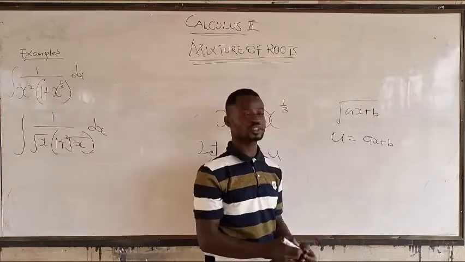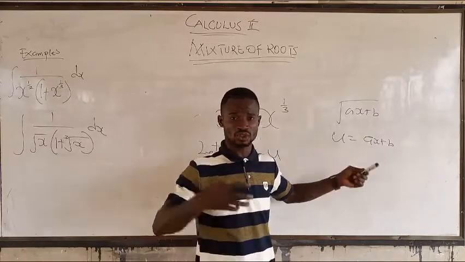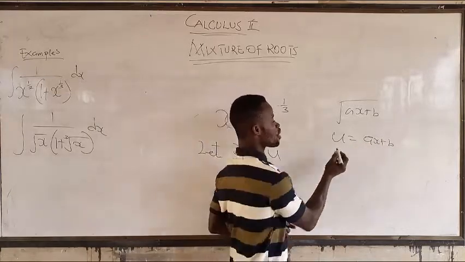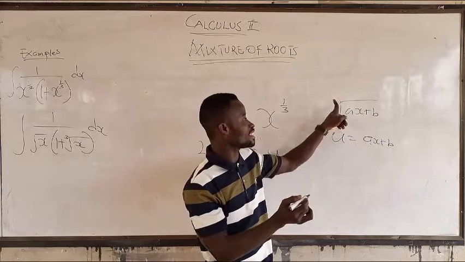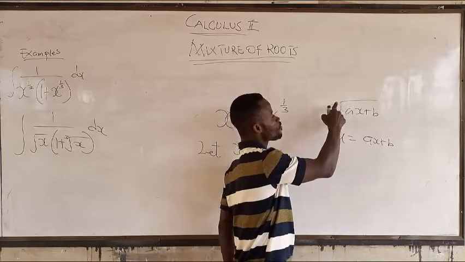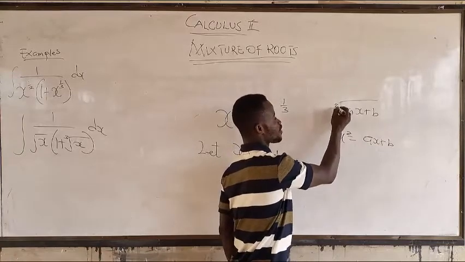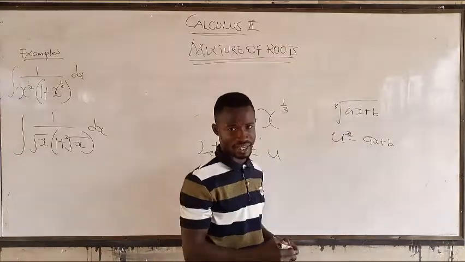That is, u is equal to the inside. But you have to write something here, and that is what is here. So if what is here is 2, you write 2 here. If what is here is 3, you write 3 here.